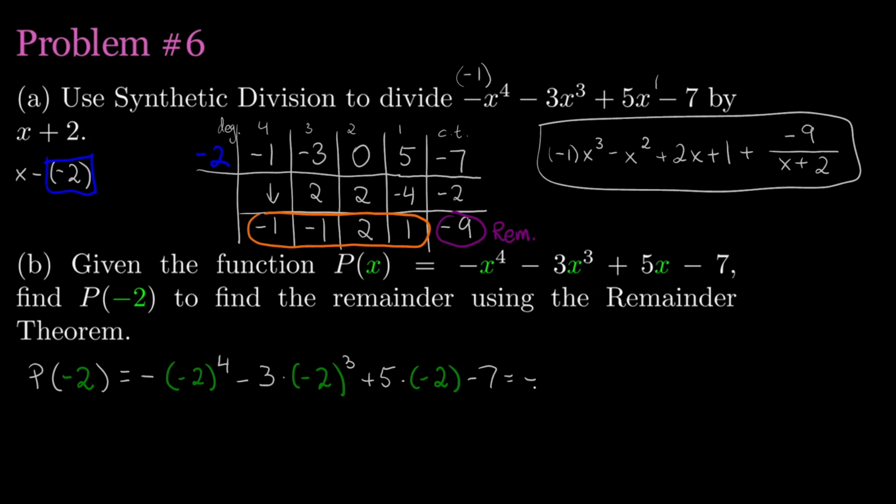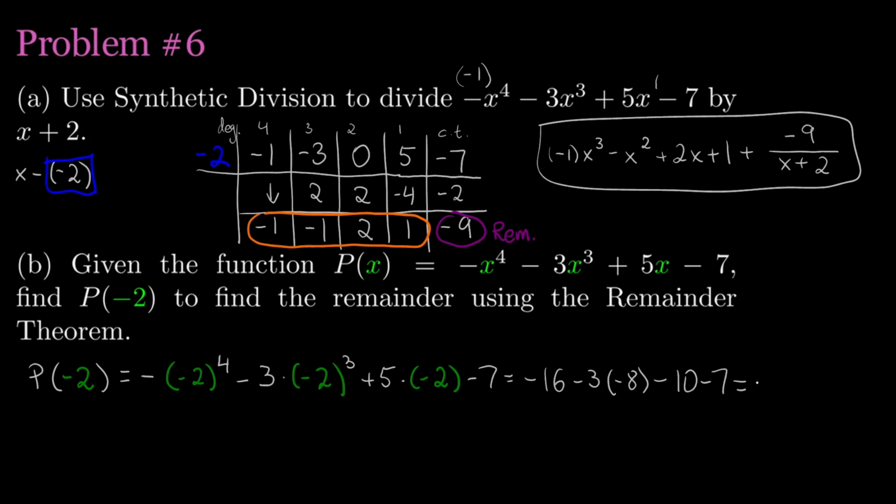Starting with the 4th power of negative 2, that's 16, so we have minus 16. Then minus 3 times the 3rd power of negative 2, which is negative 8. Then 5 times negative 2 is minus 10, and minus 7.